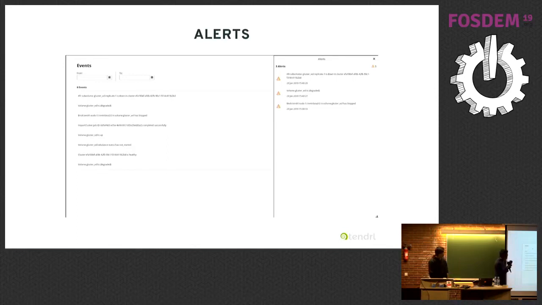Tendrl supports two types of alert. One is status alert and one is utilization alert. Status alert is raised from the storage node layers, particularly the cluster integration service is raising the status alert.